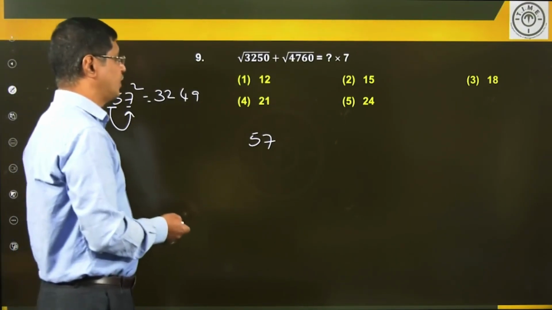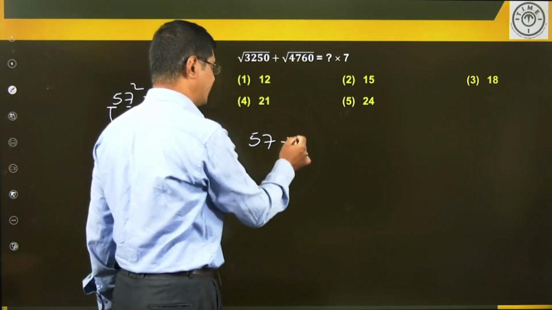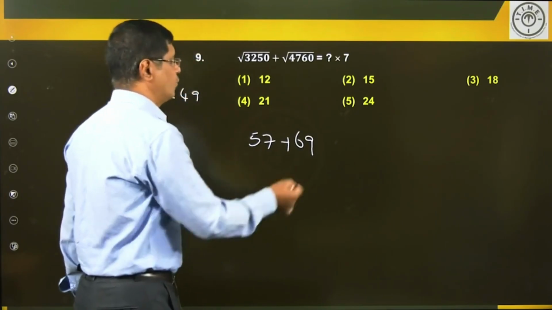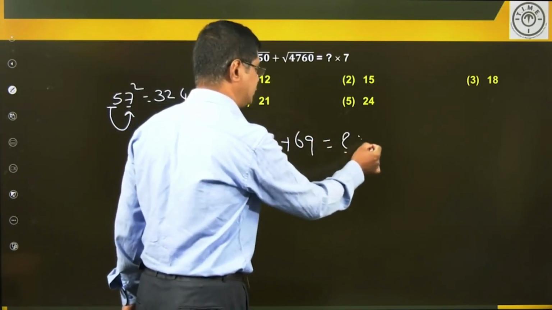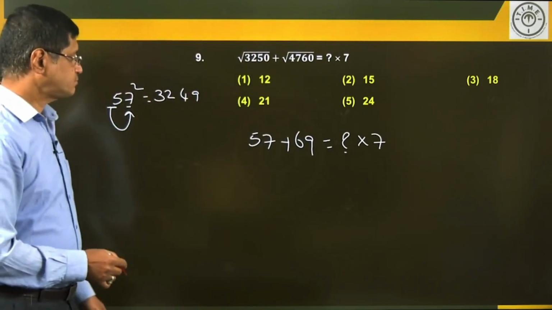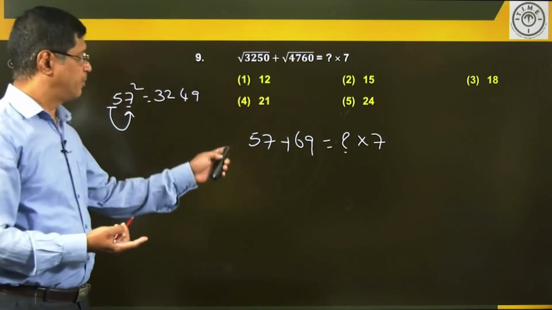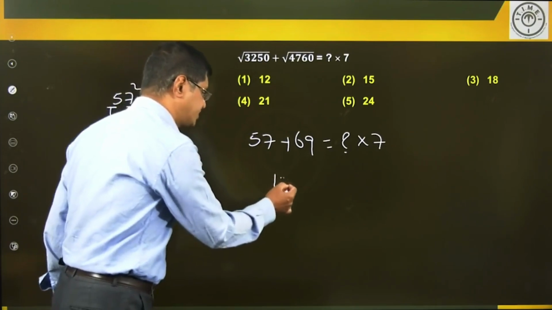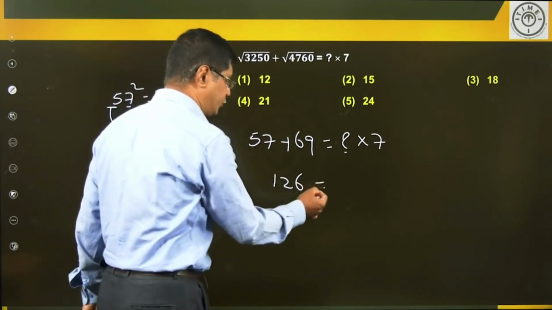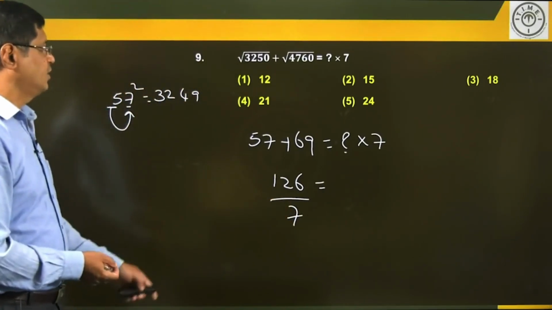Okay, close to 3250. And similarly, just observe 4760, that is 69 square, which is equal to question mark into 7. Yes, my dear students, simplify this. Now, what is the sum of these numbers? 50 plus 60, 110, plus 16, 126. 126 by 7, what is the result?